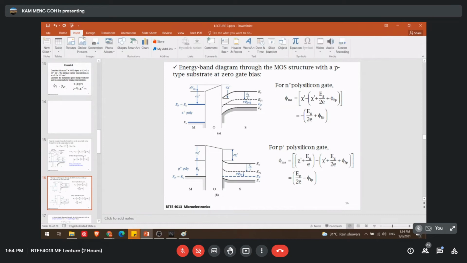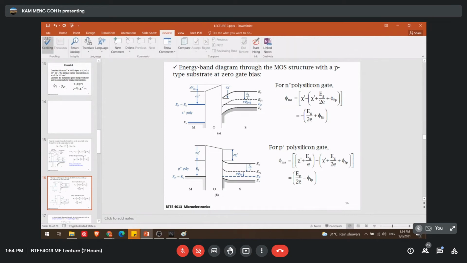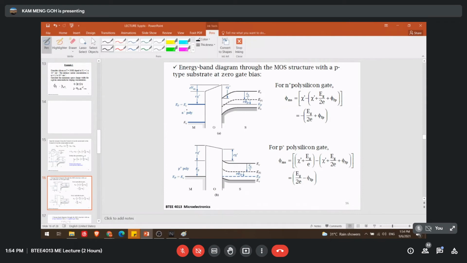Okay, wait, let me use my pen, start inking. So this is the M plus. M plus means that you are supplying the negative here, negative coming to here. P plus means providing the positive here. So if you are connecting to the M plus or the P plus, it will have a different formula also.